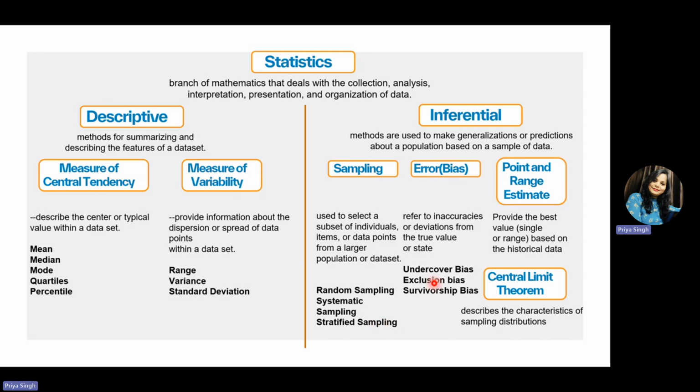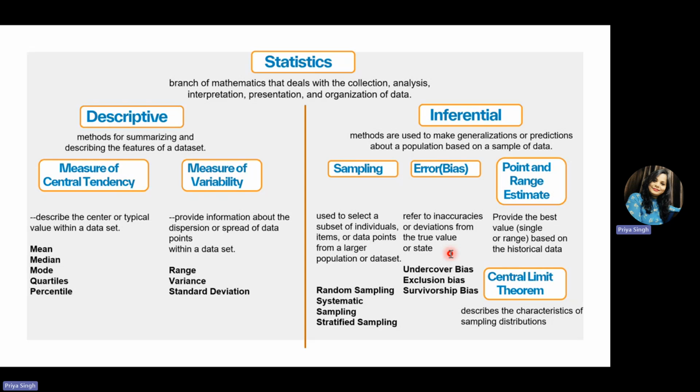Next is error and bias. It refers to inaccuracies or deviations from the true value or state. Even with the best sampling methods, errors can creep in. Here are three common types of bias that can affect your data. The first one is undercoverage bias.